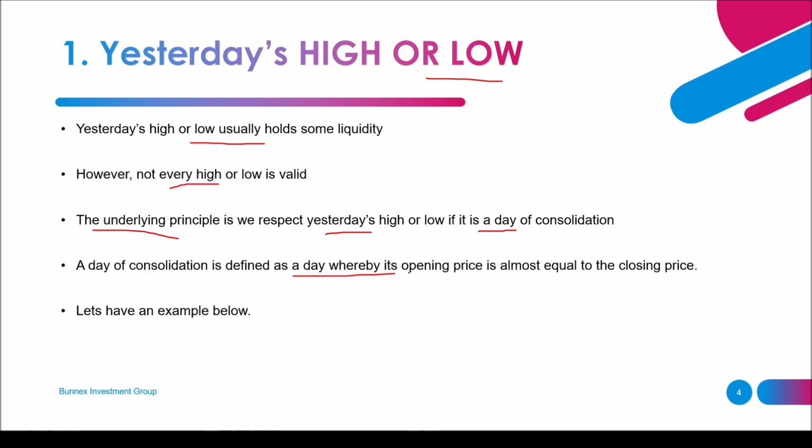It is defined as a day whereby its opening price and closing price are almost the same price. If we open a day whereby the opening price is almost at the closing price, almost in a same line, we call that particular day a day of consolidation.